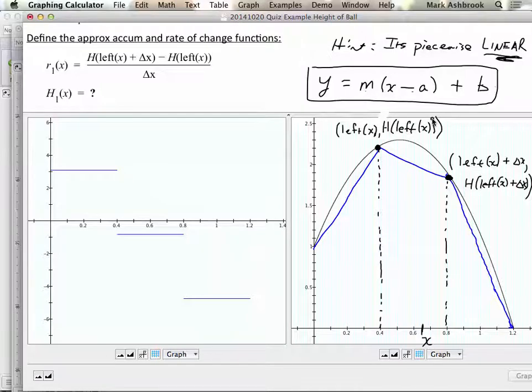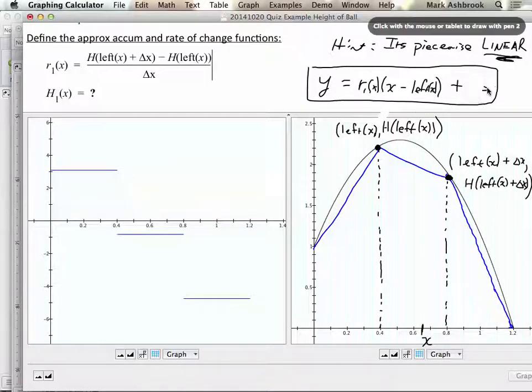R1 of X. That's M. X is our current value of X. What's A? Left X. And what's B? H of left X. That will graph this whole thing in one line.